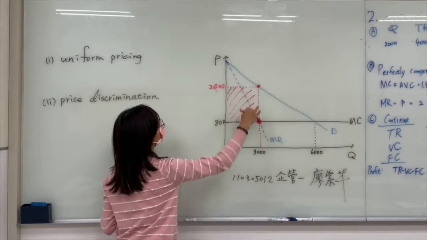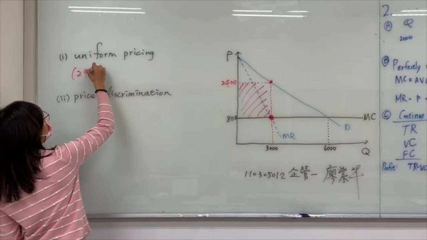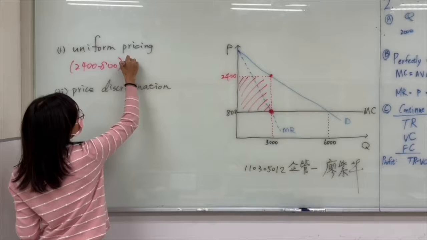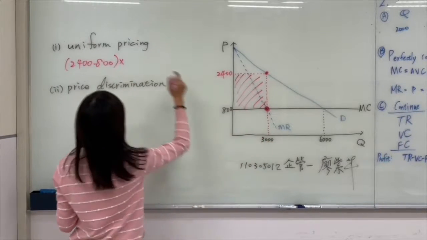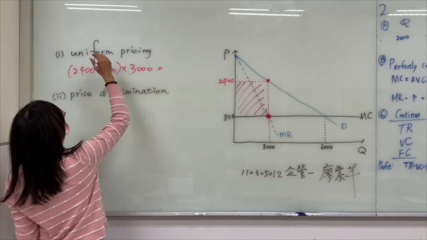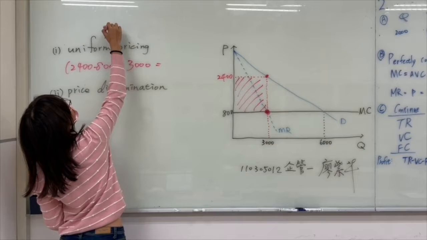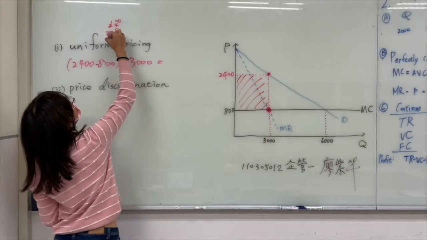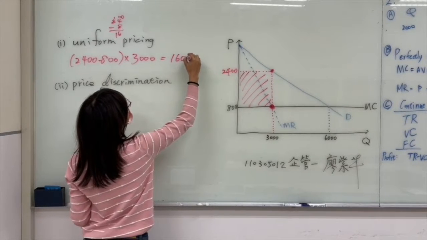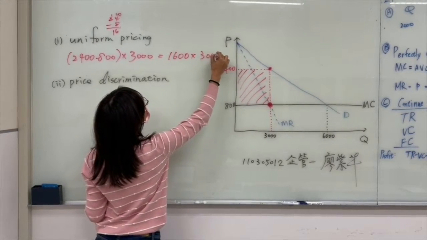So the profit is 2,400 minus 800 times 3,000, which is 1,600 times 3,000.